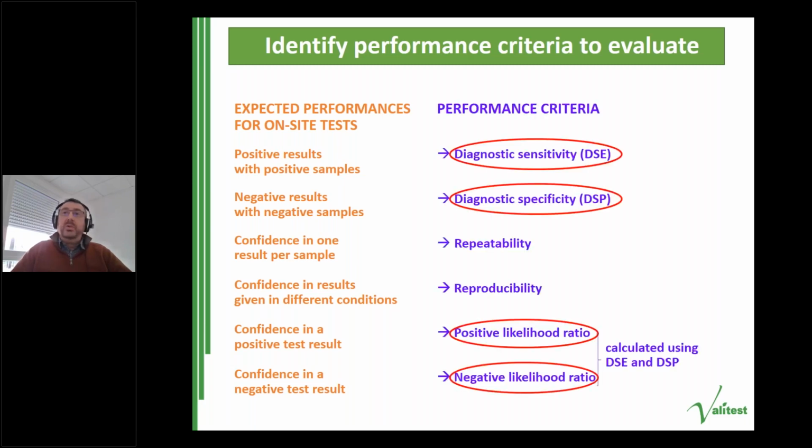The corresponding performance criteria are diagnostic sensitivity, diagnostic specificity, repeatability, reproducibility, and the two likelihood ratios that can be calculated with the previous performance criteria. Here you can also see, as a common view with the manufacturer, that repeatability and reproducibility are not considered as most important.